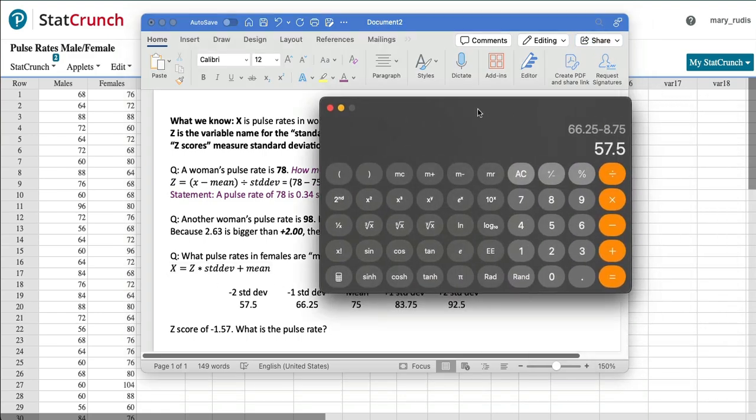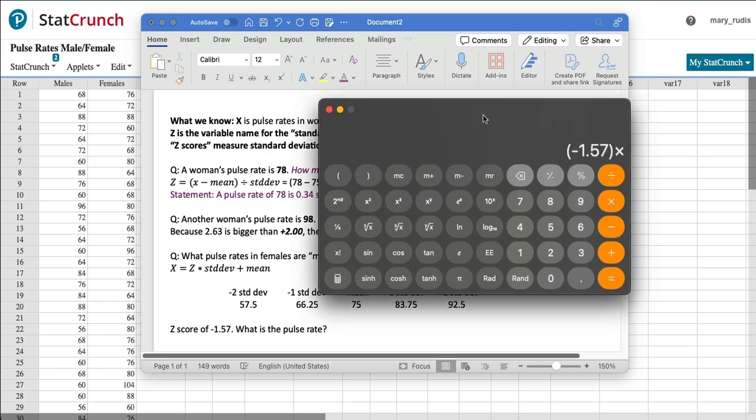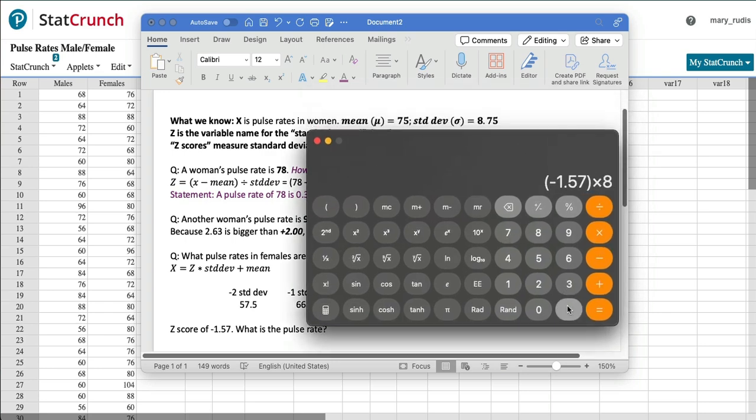So we're using our formula for x. What I need to do is put 1.57 and then hit the plus minus sign to change it to a negative sign. And I'm multiplying that by 8.75. There's that. And now add the mean, which is 75. And it looks like the pulse rate would be 61, let's just round it to 61.3.